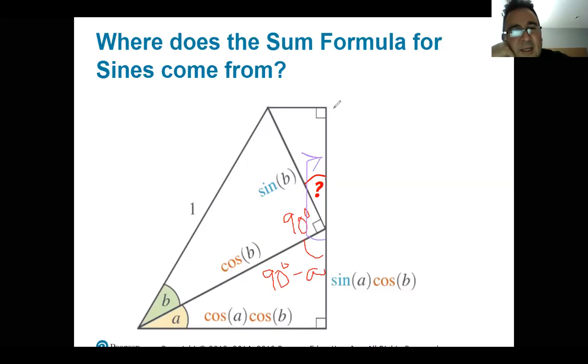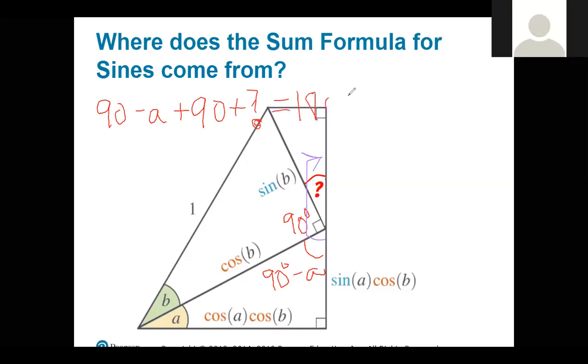So if I rewrite this, that means that 90 minus A plus 90, that's the next one, plus that question mark has to give me 180, right? So that's what I'm solving.